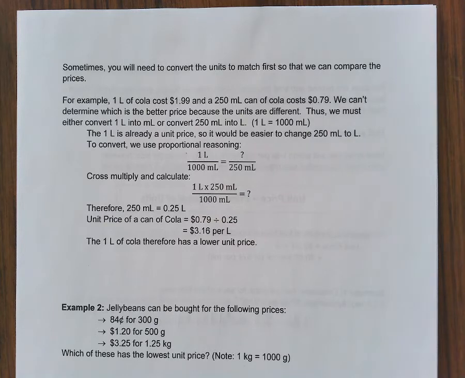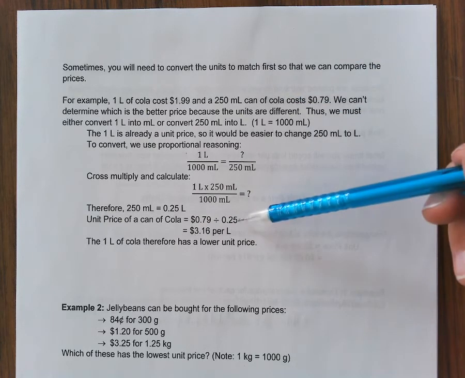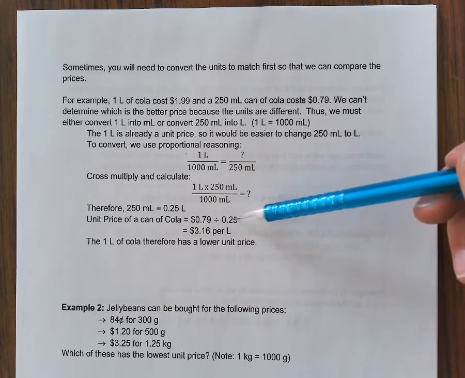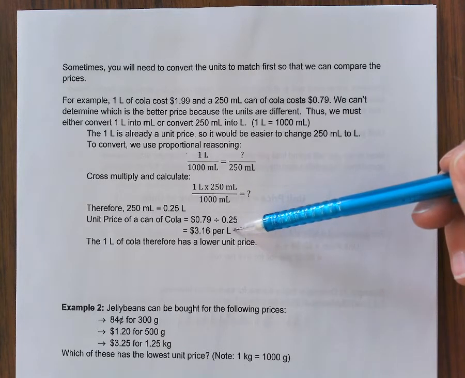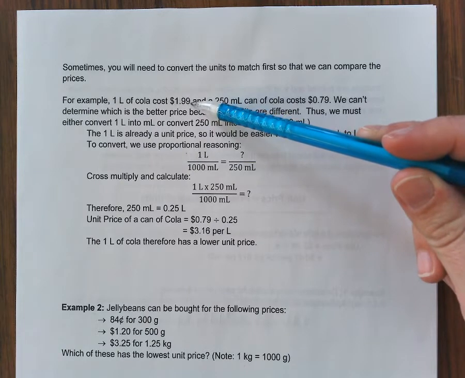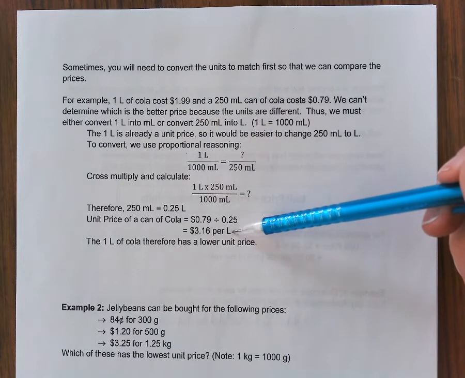So if the can of Coke is 79 cents for 0.25 liters, that's $3.16 per liter when you do this division and determine the unit price. Because the 1 liter bottle was only $1.99, it means that this is much cheaper than if you were to buy the same quantity of cola in cans.